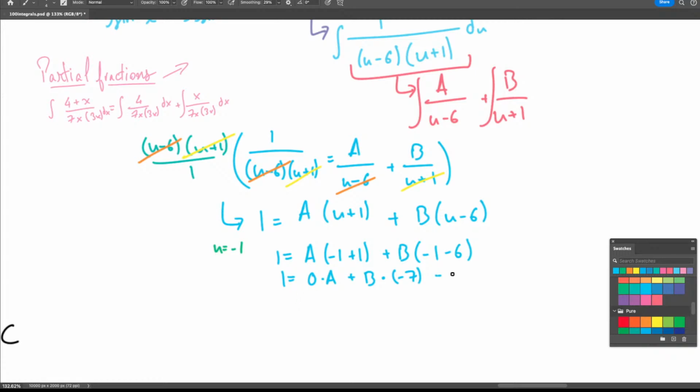Therefore, b equals -1 over 7. Great. We just solved for b. Now we'll solve for a.